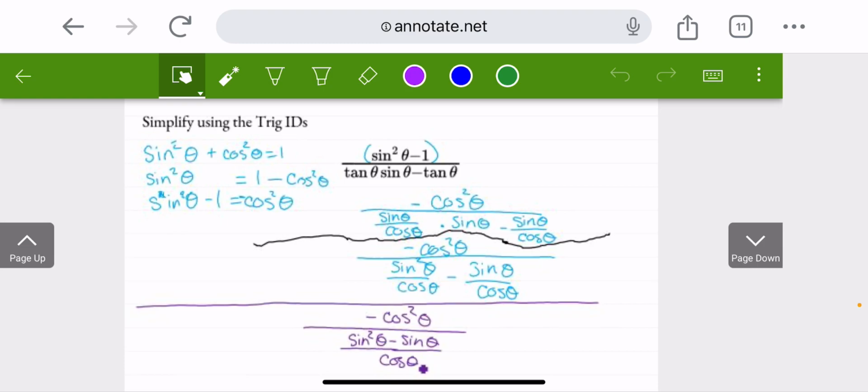When we have a fraction inside a fraction, what are we going to do?